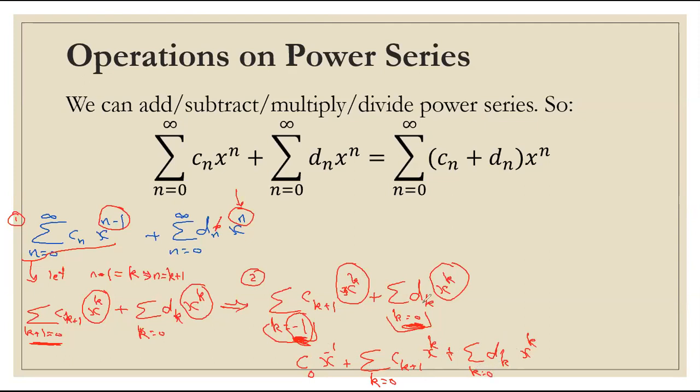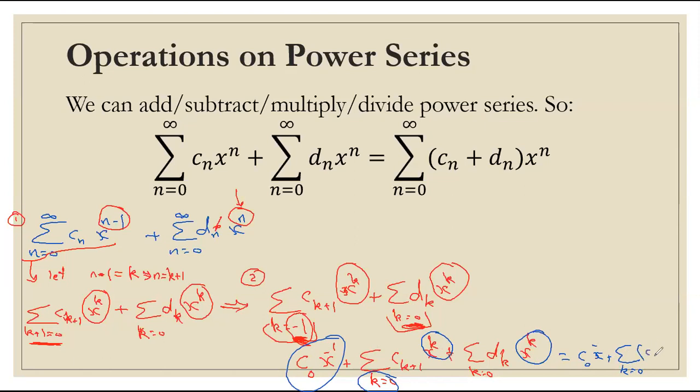Notice now you have the same x, x to the power k and x to the power k, and the same index. If you have the same x and the same index, at that time you can easily add them together. Leave this term, c0 x to the negative 1, alone, plus the summation where k starts from 0.